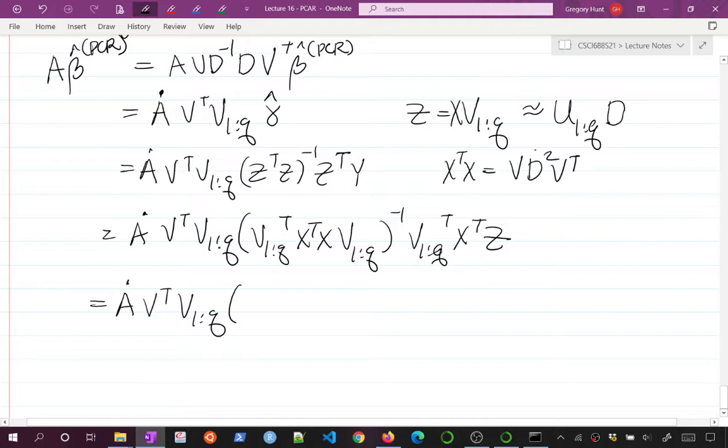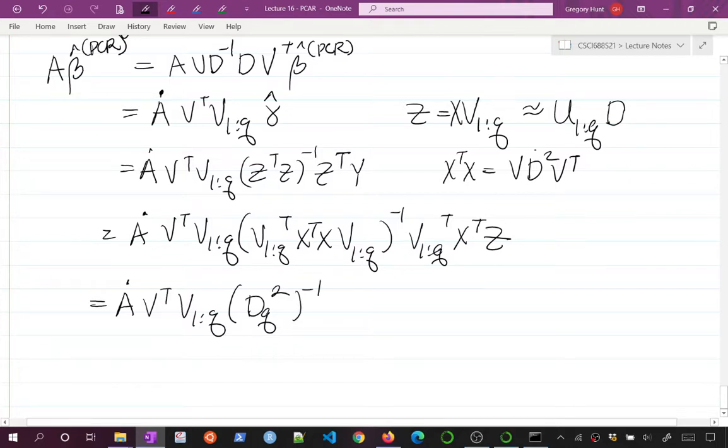This thing is now X transpose X, but we basically have the V's on each side, which are more or less going to cancel with these. And we're basically going to be left with D_Q squared. That's a little bit of a trick I'm playing here, but not bad, right? So basically when I multiply V1 to Q by V transpose, not quite the identity, but it's basically going to leave us with just that D squared there.